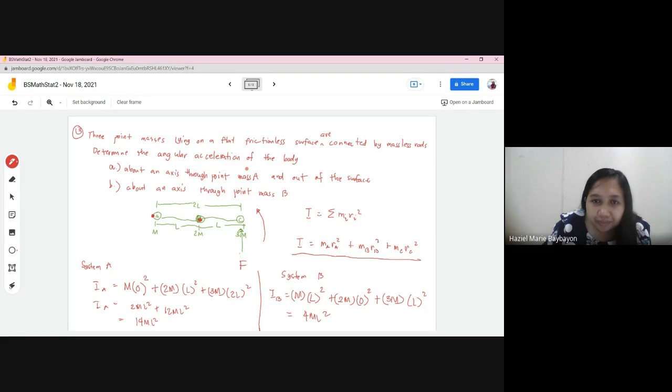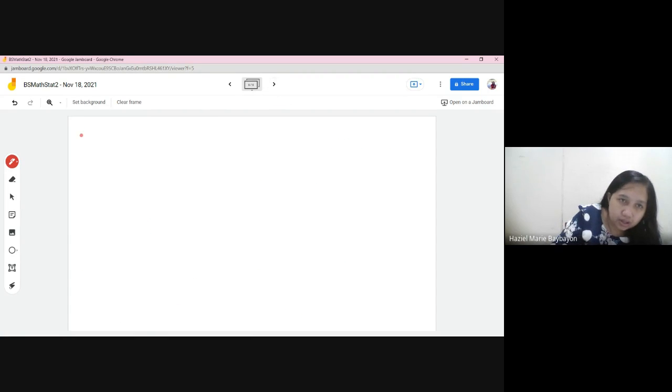And then, after this, we can now find the angular acceleration. This is our goal, to find the angular acceleration. In order to find it, we will use the definition of torque.